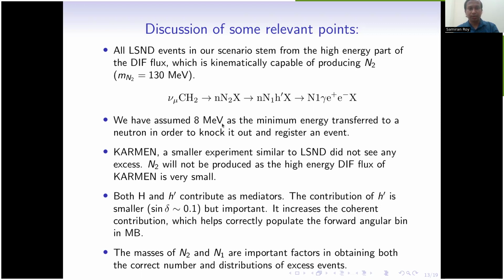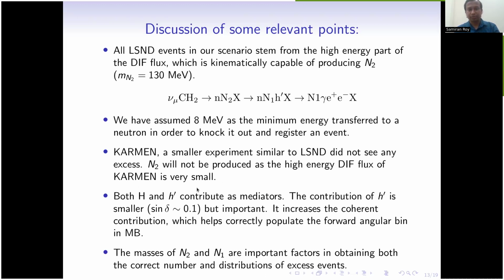We use 8 MeV as the minimum energy transfer to knock the neutron out from the material. For carbon, in a similar experiment like LSND, they didn't see any excess. But for the carbon, the DIF flux is very small, so we expect no signal in the carbon in our model.